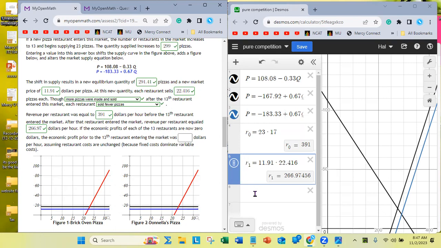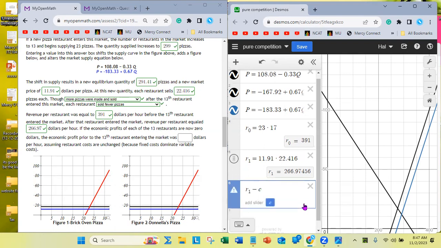Now, we're going to use this information to calculate the economic profit prior to the 13th restaurant entering the market, right? So the revenue minus the cost equals what? Zero, right? So revenue of each firm, the one means after, the zero means before, right?